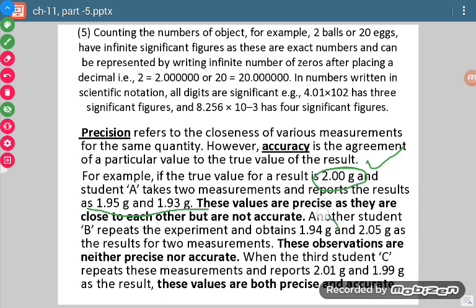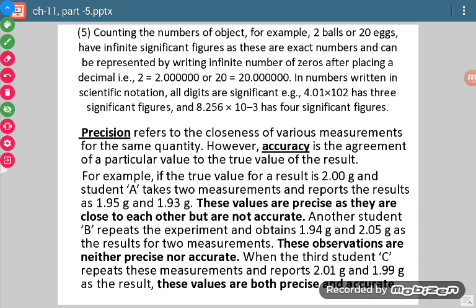Similarly, B says the values are 1.94 gram and 2.05 gram. Since there is a lot of difference in his observations, his results are not precise, and since they are far away from the accurate value, they are also inaccurate.